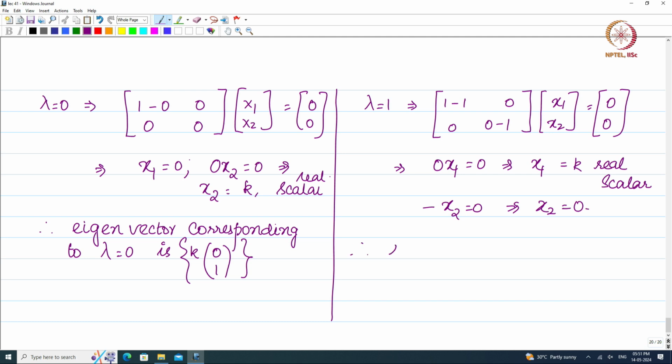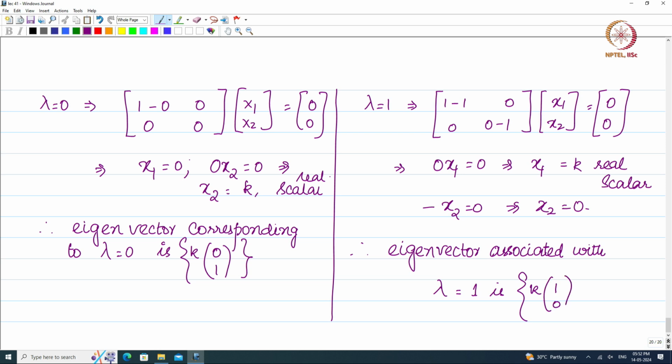Therefore, the eigenvector associated with lambda is equal to 1 is, let us say, k times 1 0, and we see this 0 1 and 1 0 vectors are basically orthogonal to each other, and it is also interesting that they are orthonormal vectors in this case, right.